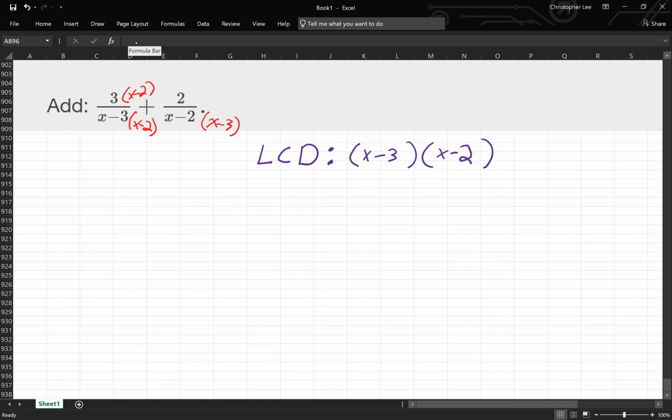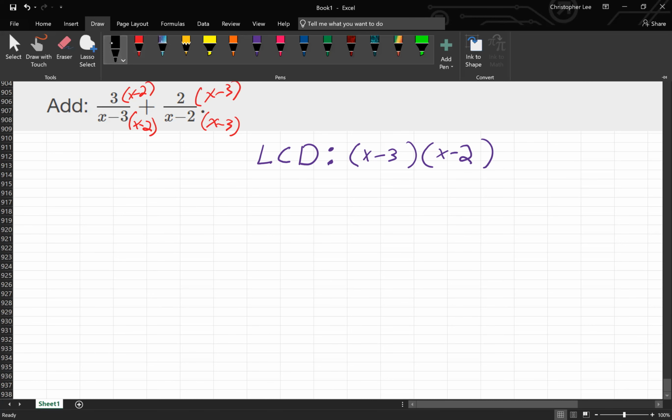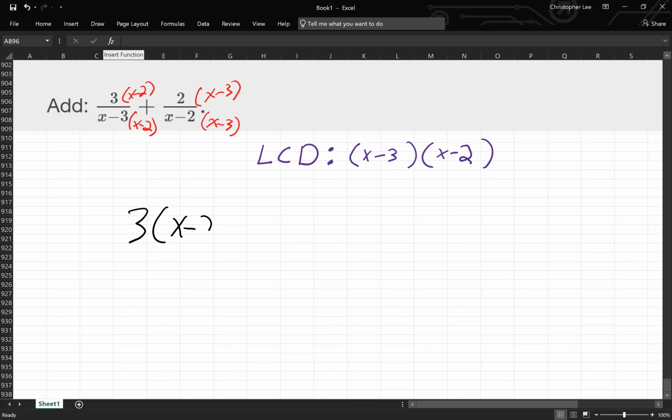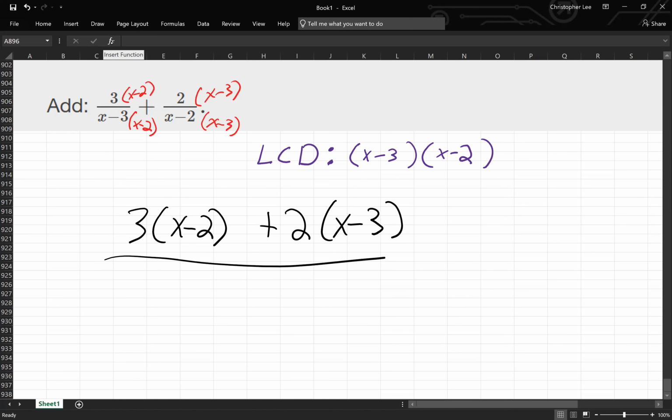But what I do to the bottom, I do to the top. And that's it in a nutshell. So what do I have now? I have 3 times x minus 2 plus 2 times x minus 3, all divided by the LCD, which is x minus 3 times x minus 2.